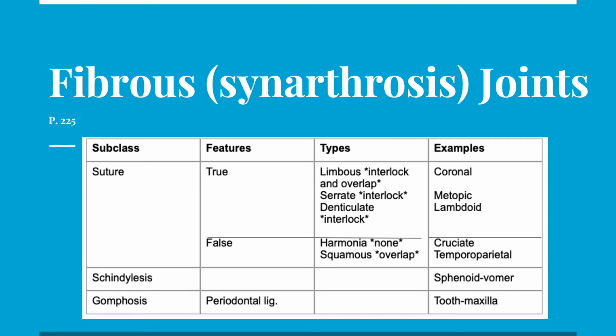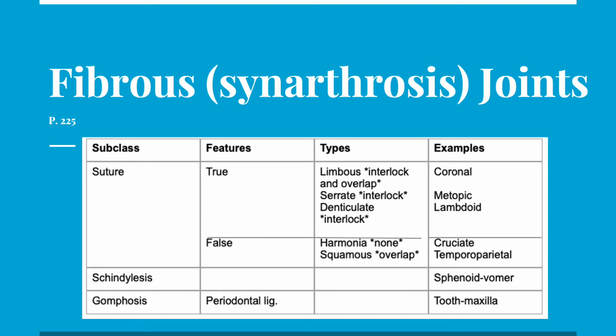That's going to be what a denticulate suture looks like. And that's going to be your lambdoid suture. And then false sutures, you've got your harmonia and your squamous. So your harmonia kind of butt right up against each other. I just put the palms of my hands together. It's going to be a little bit like that. And then you've got your squamous, which overlap kind of like scales on a fish.